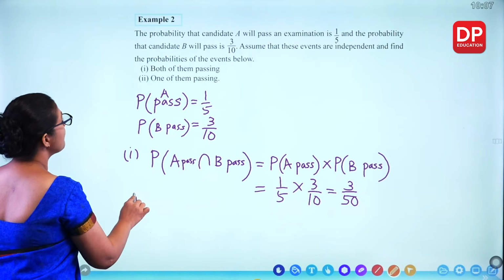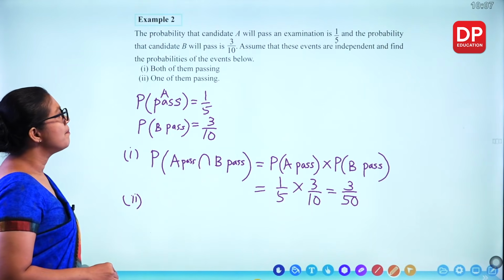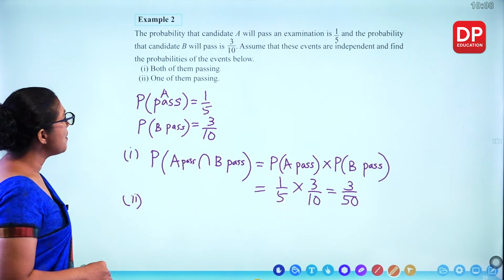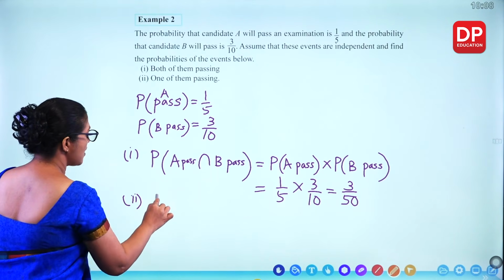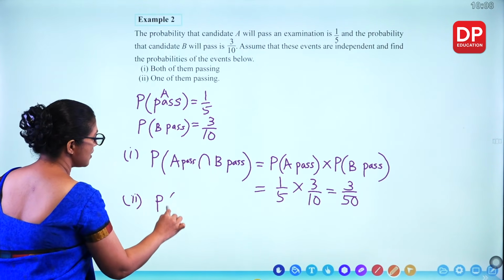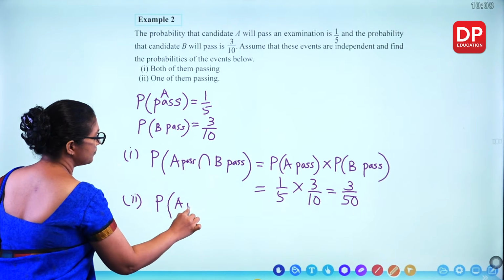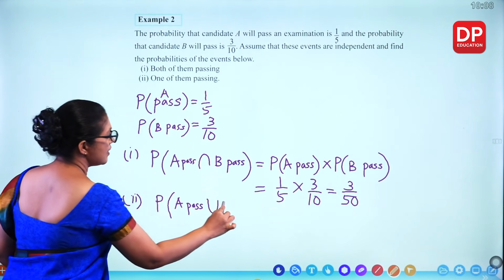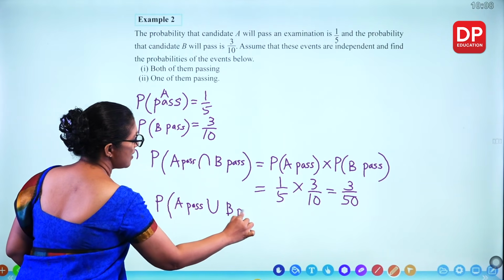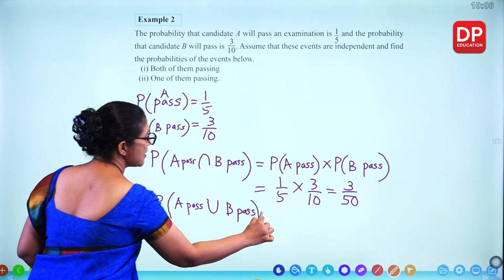Second part, one of them passing. One of them passing means either A pass or B pass. What's the symbol? Union. So they are asking for the union.